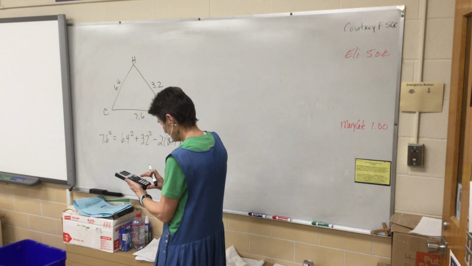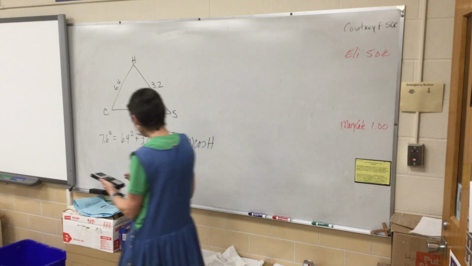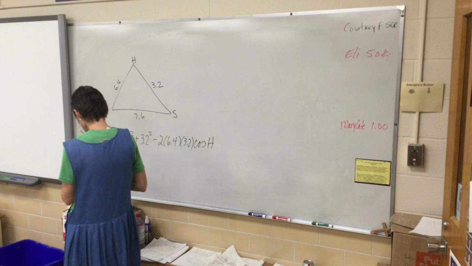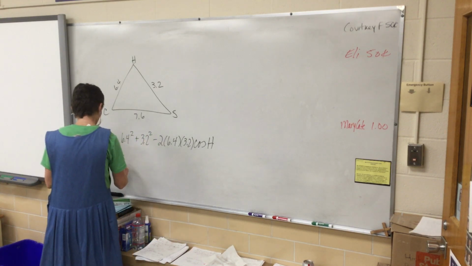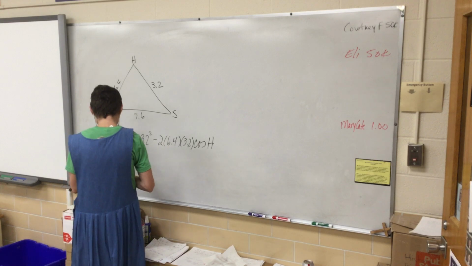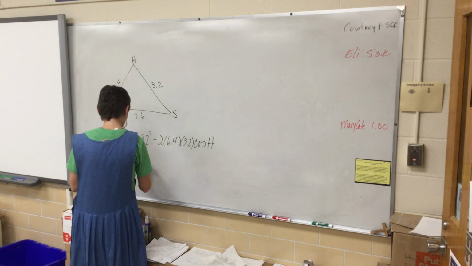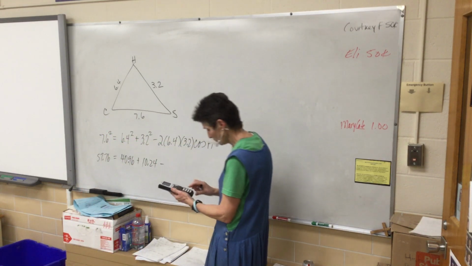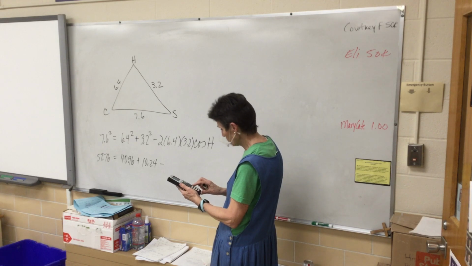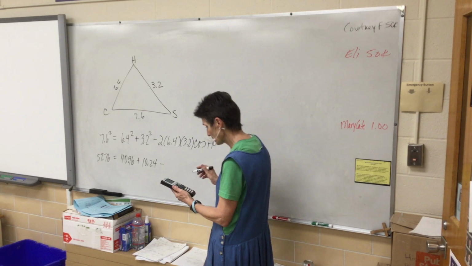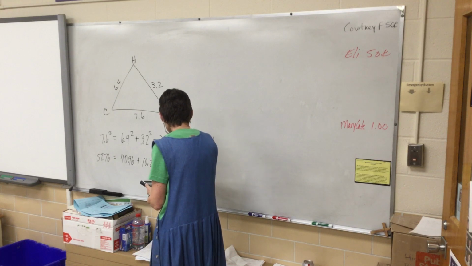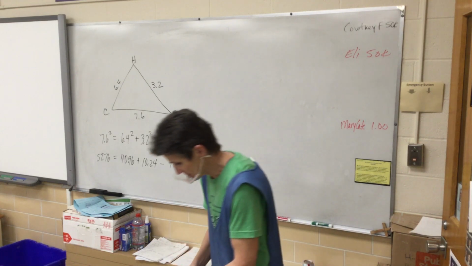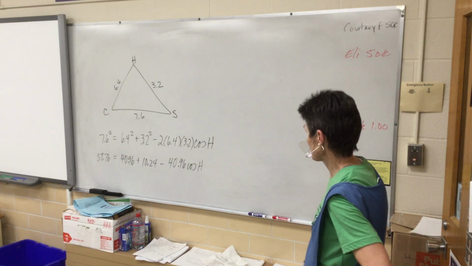So I'm going to have 7.6 squared, which is 57.76, 6.4 squared, which is 40.96, 3.2 squared, and then all of this is multiplied. So I'm going to go ahead and do 2 times 6.4 times 3.2, and that's 40.96 cosine H. All right, so this is our first time ever doing this, so let's make sure everybody's still on the same page.